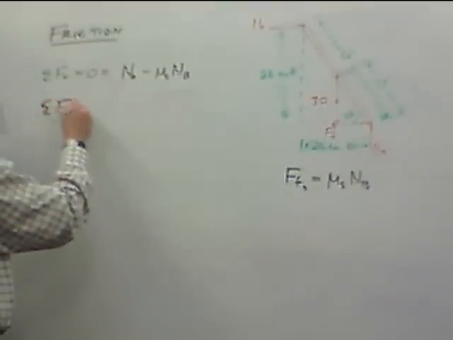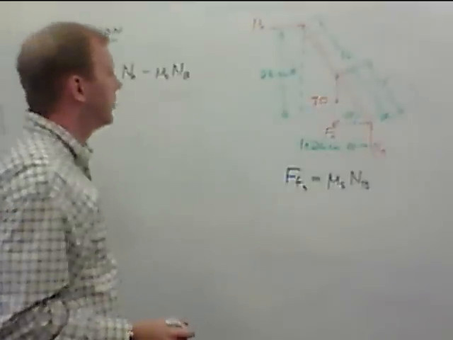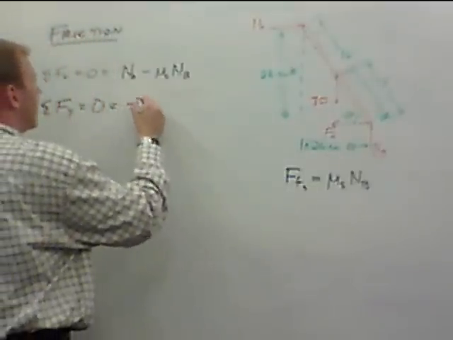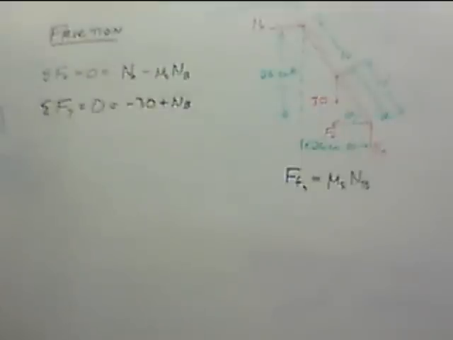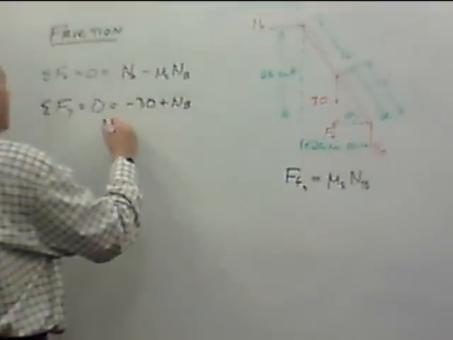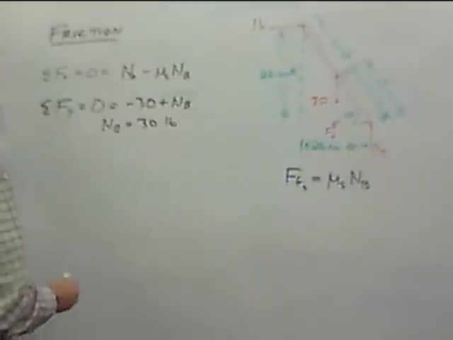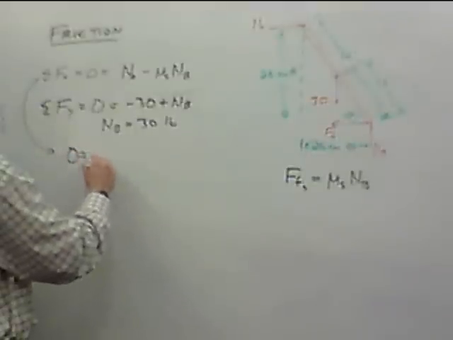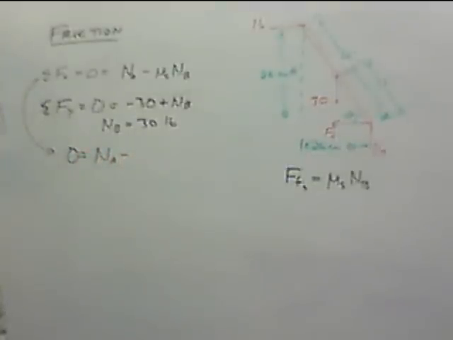Summation of forces in the y is equal to 0. That's just minus 30 plus N B. Well, that actually gives us something really useful. This tells us N B is equal to 30 pounds. We can now bring summation of forces in the x over and say, all right, 0 equals N A minus mu s, which was 0.3, I believe.